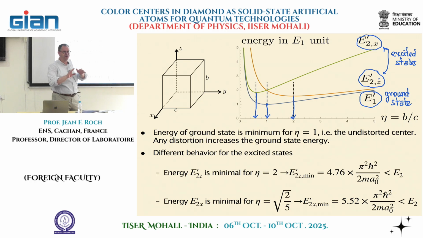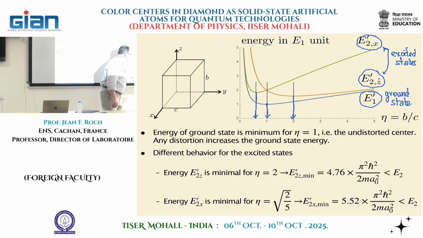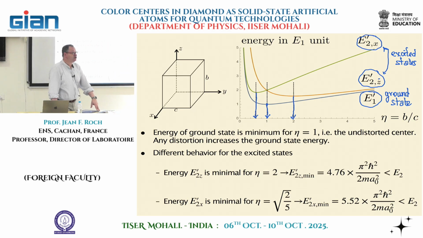Again, it's a toy model, nothing to understand in this value, just to understand a little bit how it works. And then we get this value for the minimum, which is also smaller than 2. So it's an illustration of the fact that if we have this stretching of the box, we can lower the first energy level.